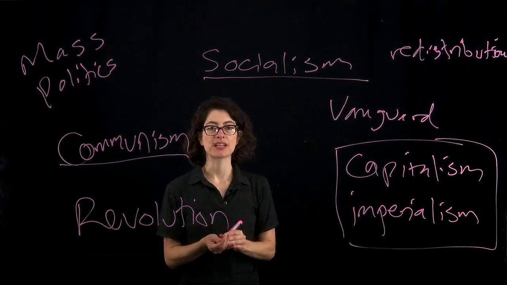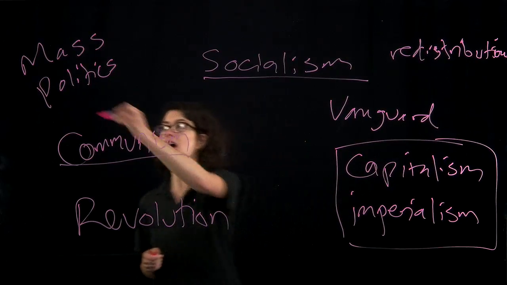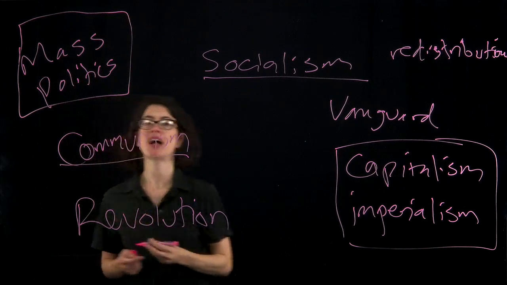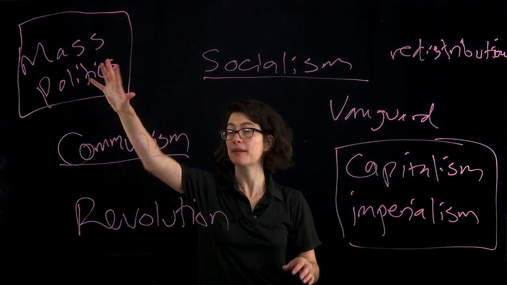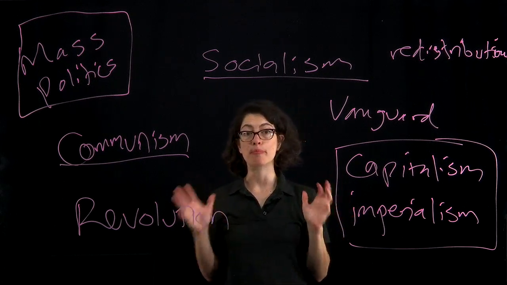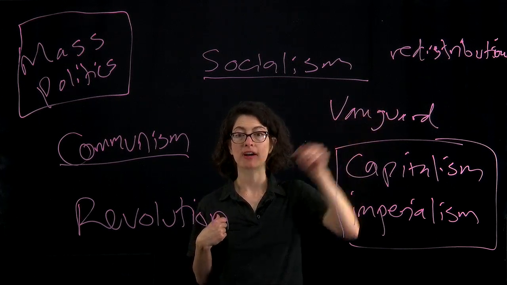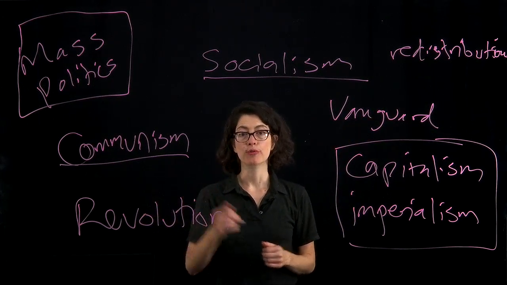So revolution identified some of the major elements of 20th century politics and economics, mass politics, capitalism, and imperialism, and decided to combat them using the techniques of vanguard party and mobilization through revolution.